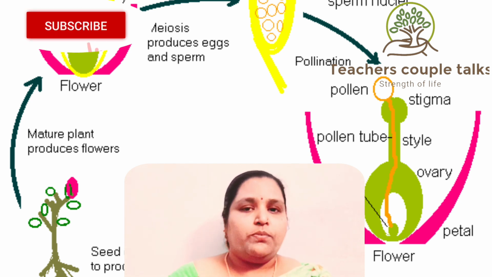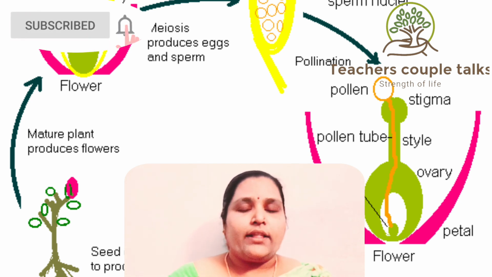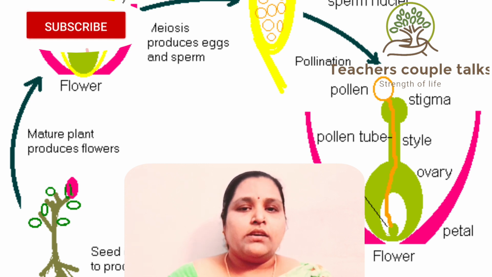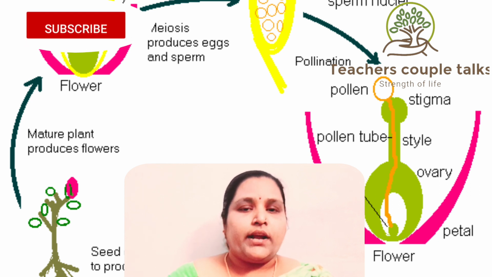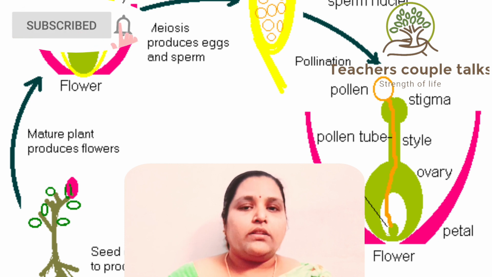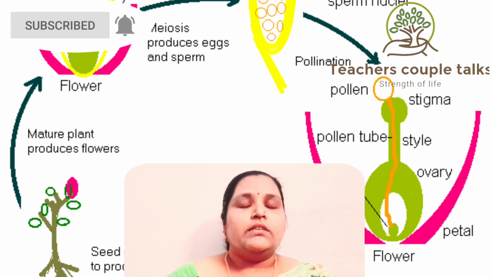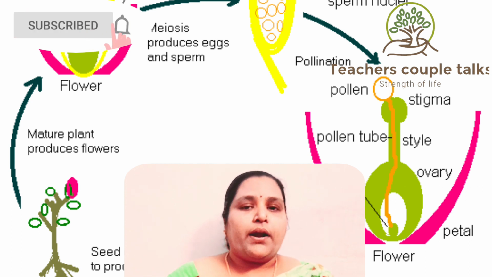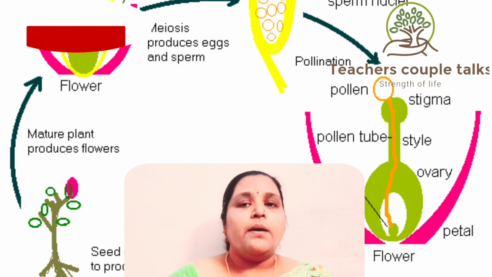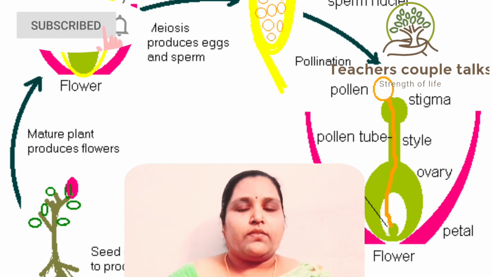There are two anther lobes for each stamen, and the anther lobes contain pollen grains. Pollen grains or microspores are the male reproductive part of the plant.